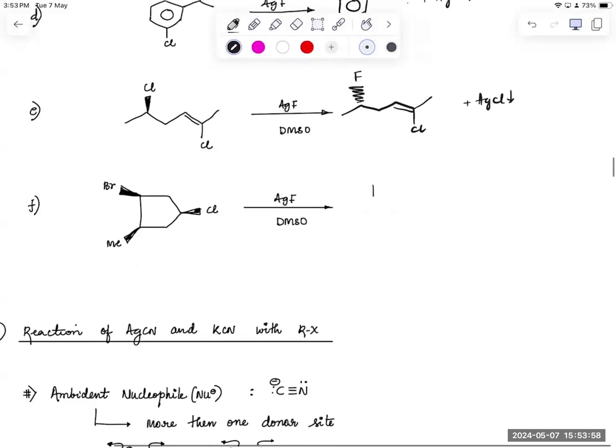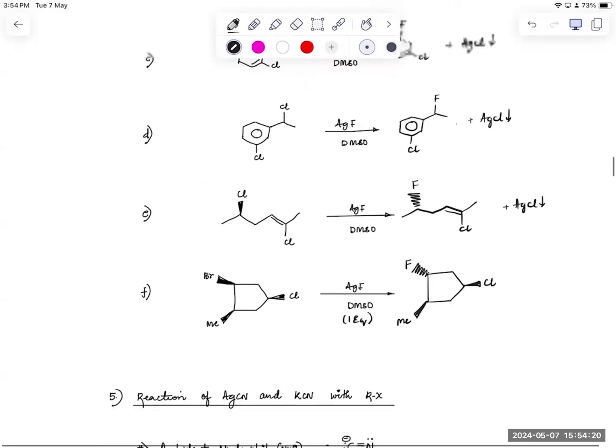And lastly, between fluorine and chlorine, if only one equivalent is given, here the question I'm taking is one equivalent. In that case, bromine is always more preferred compared to chlorine. So chlorine will remain and we'll get fluorine here. This is the product you will get.